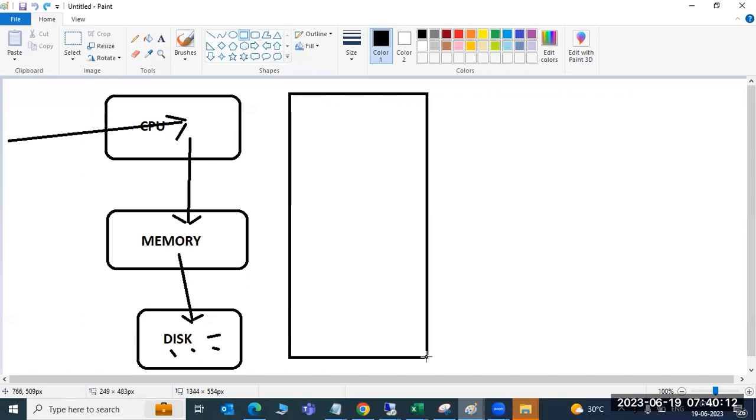So take the example of row store. We will divide the table here like that.